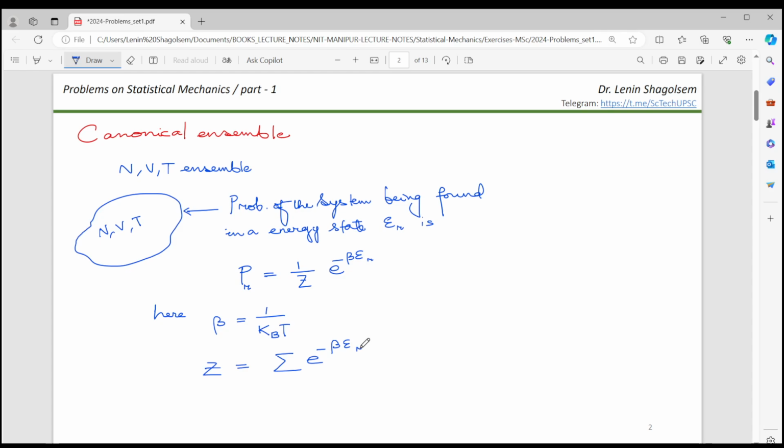So you sum over all the states. So this is the partition function.